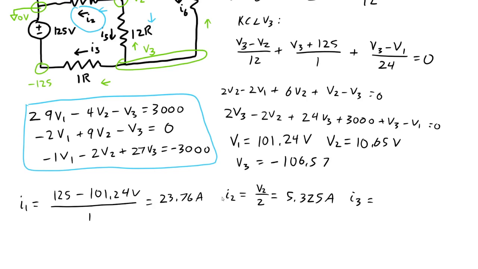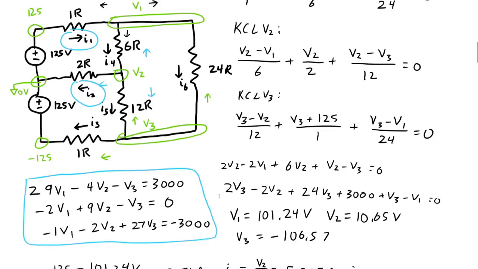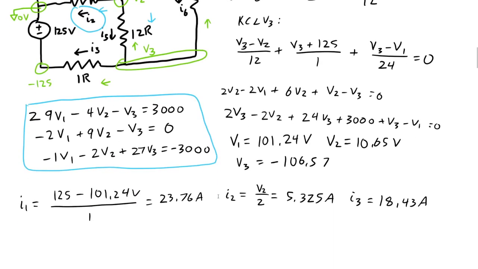Let's see. 106.57 minus, so divided by 1, so we get 18.43 amps. And V1 minus V2 for I4, and R4 is 6.